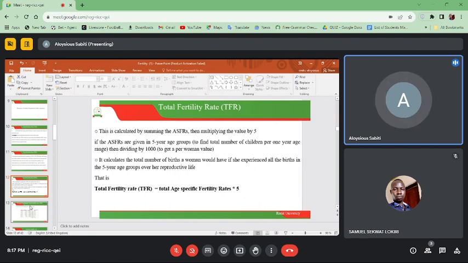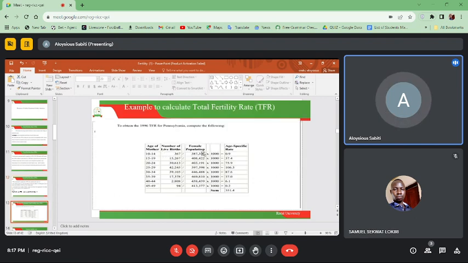So that is to mean the total fertility rate equals the sum of age-specific fertility rates times 5, because 5 is the 5-year age group. So this is an example of how you can compute a total fertility rate.